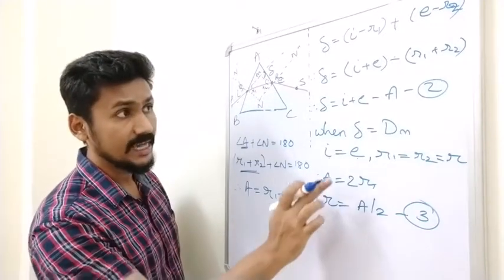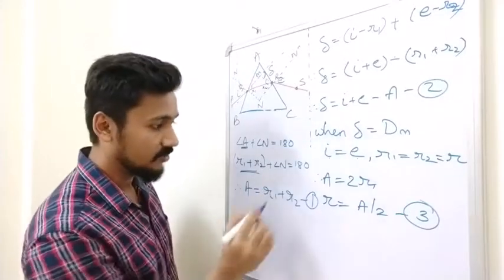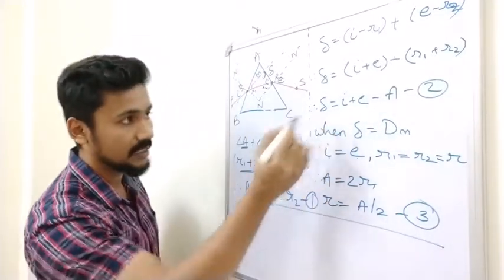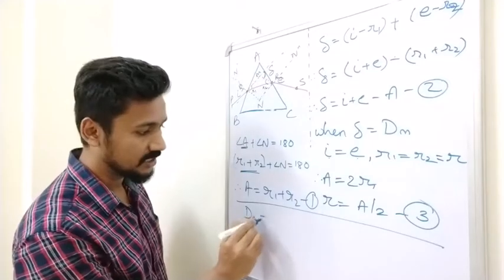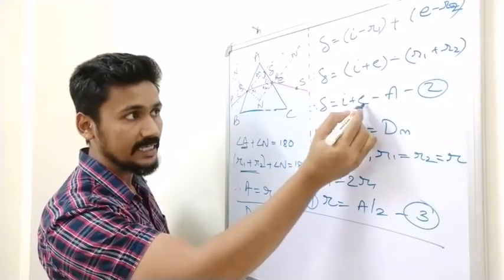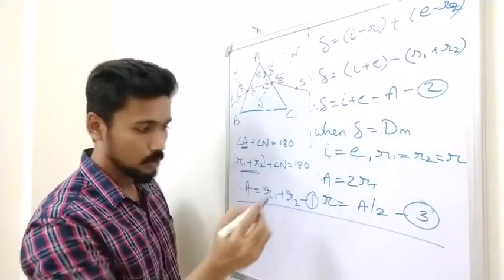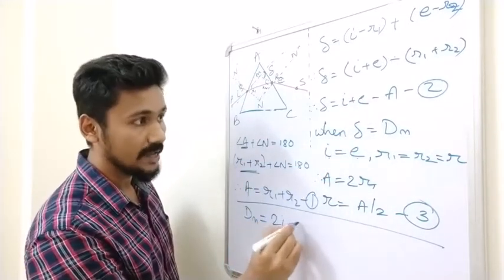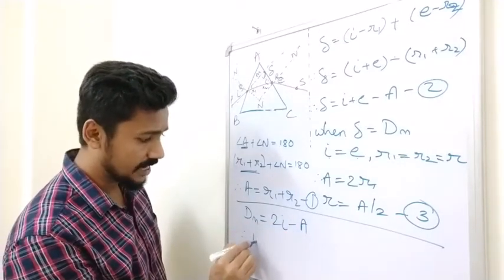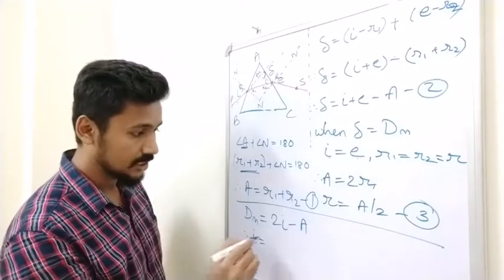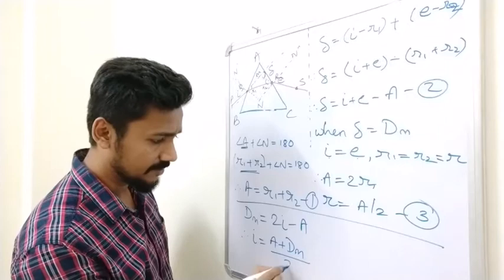Now using I equal to E, what will happen to equation number 2? In place of delta we write dm, the angle of minimum deviation, which is equal to I plus E. In place of E we can substitute I. So I plus I is 2 times I, so 2I minus A. Rearranging, you can write I, that is the angle of incidence, as A plus dm divided by 2.